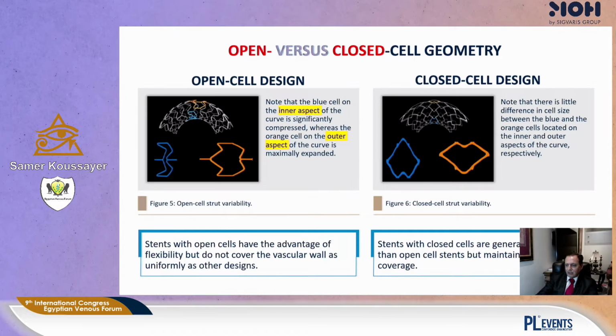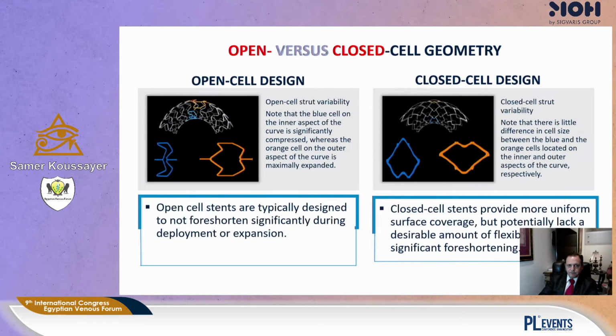Whereas if you look at the closed cell design, stents with a closed cell are generally less flexible, but they maintain uniform coverage. So it doesn't matter in the inner or outer, the stent will cover the same area, no change, because they don't change in size when you bend the device or the stent.